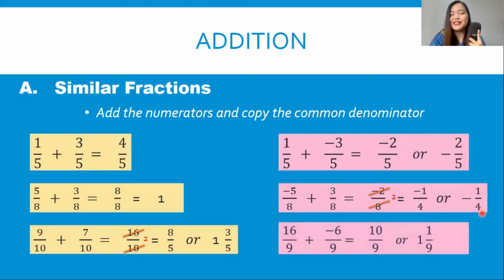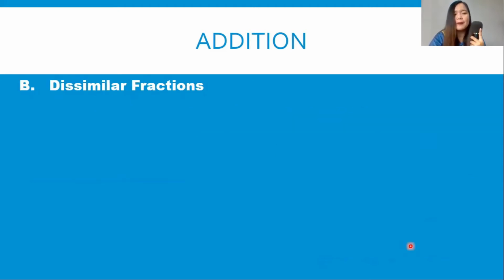Last example for similar fractions, we have 16 over 9 plus negative 6 over 9. We know that they have the same denominator, so let's just copy the common denominator and add the numerators. 16 plus negative 6, you have 10 over 9, or in mixed number, 1 and 1/9. Gets?